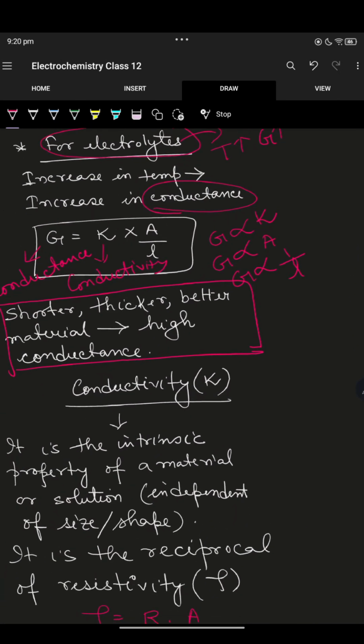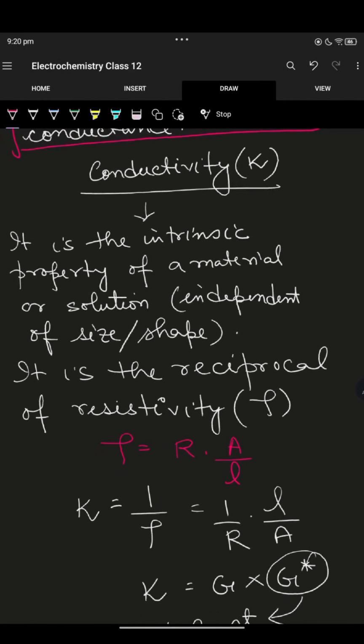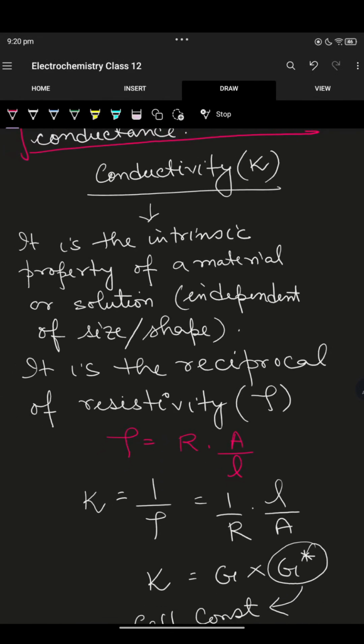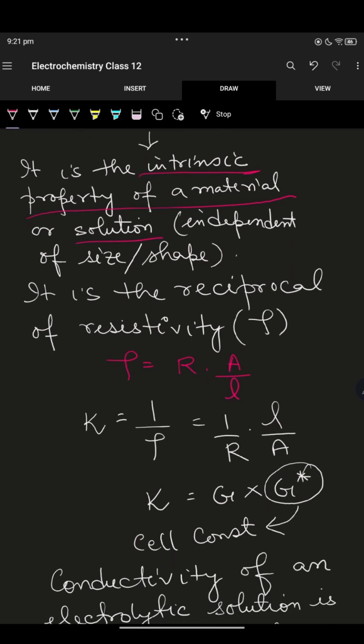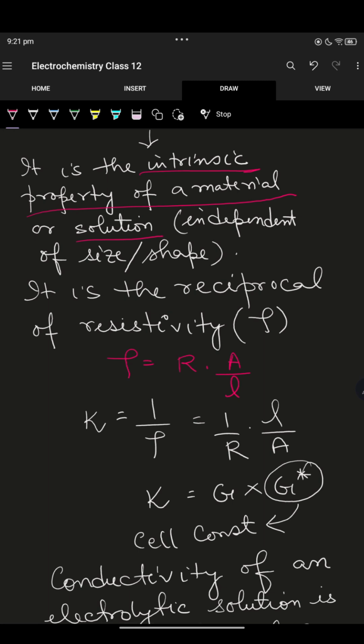So now, conductivity kappa. Conductivity kappa is actually dependent on the type of the material, or intrinsic property of the material. Or if I say electrolyte, then intrinsic property of the electrolyte, that is of course independent of the size and the shape of the material. Now it is the reciprocal of resistivity. What is resistivity?